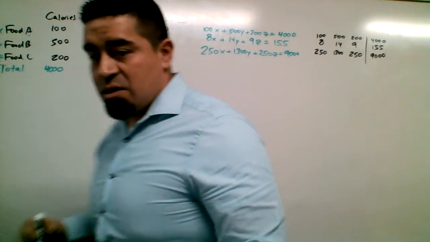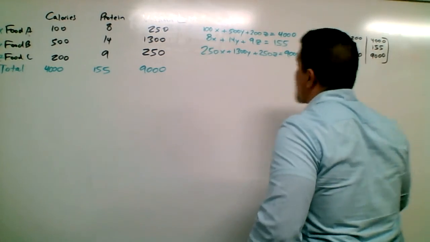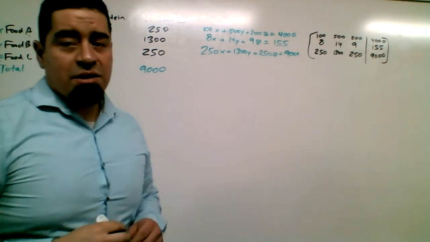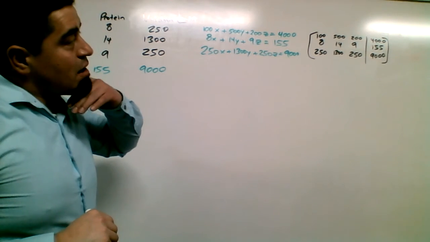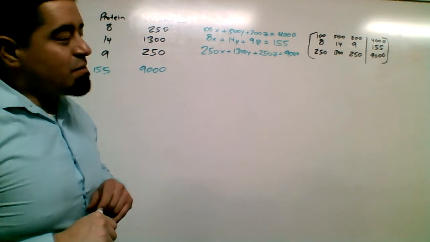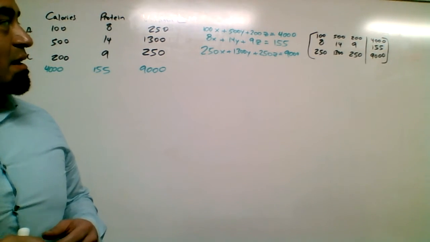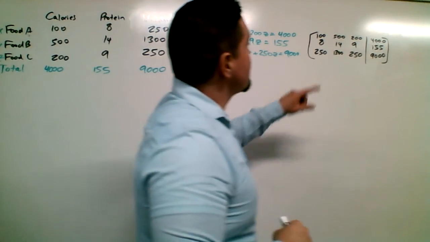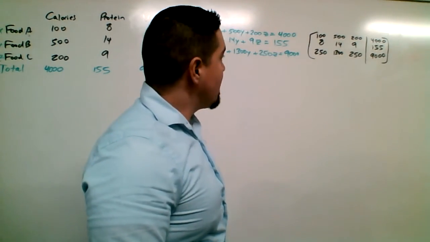Okay, so we've got it into the augmented matrix format. So now if I look at this, the numbers are kind of large. If there's any way I can bring those numbers down, it might make things a lot easier. One thing I noticed is that the top row is divisible by 100. So I probably want to do that.